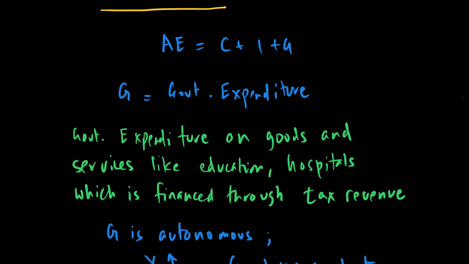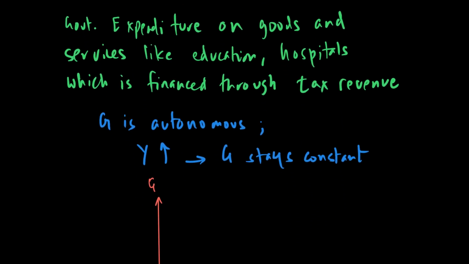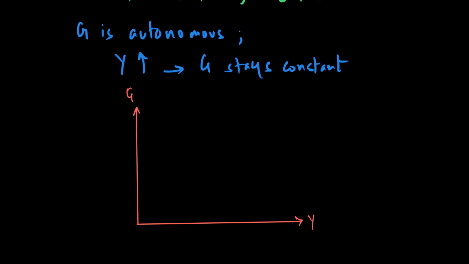Before we talk about how the change in government expenditure can change GDP, we want to talk about government expenditure's relationship with national income. We say government expenditure is autonomous, which means as your GDP goes up, government expenditure may stay constant.